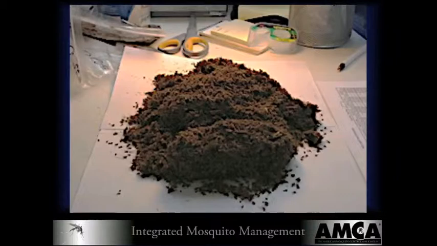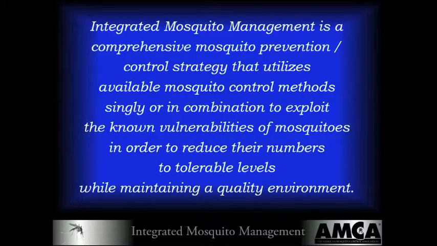So, we've talked about the principles underlying integrated mosquito management. We've talked about the elements of a mosquito management program. This is the proper definition of an integrated mosquito management program. It's a comprehensive prevention and control strategy that utilizes available mosquito control methods singly, sometimes.